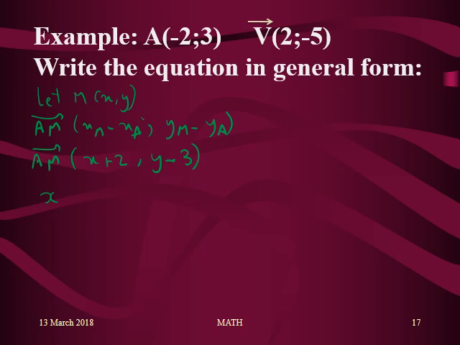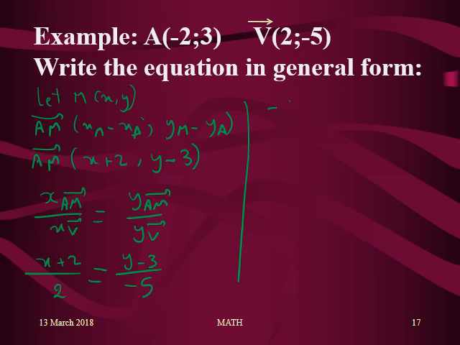To find the equation, write xAM over xv equals yAM over yv. xAM is x plus 2, xv is 2, equals yAM is y minus 3, yv is minus 5.